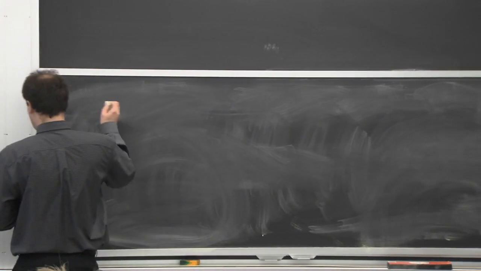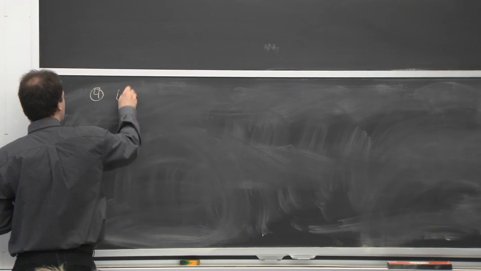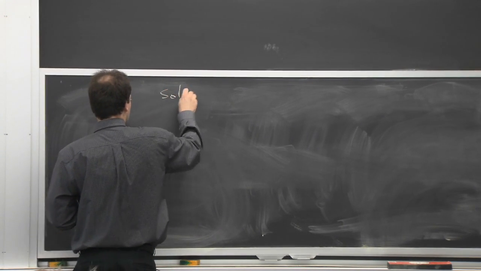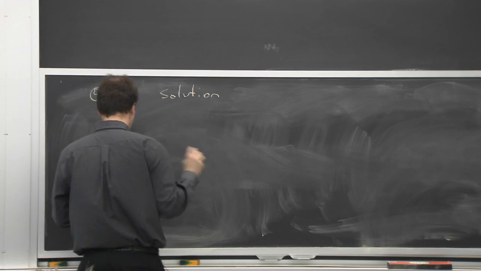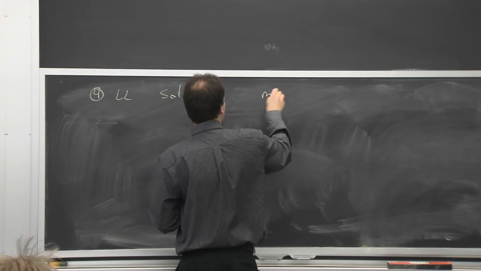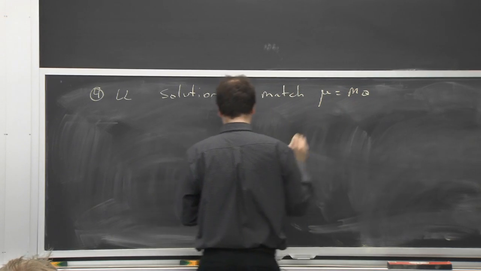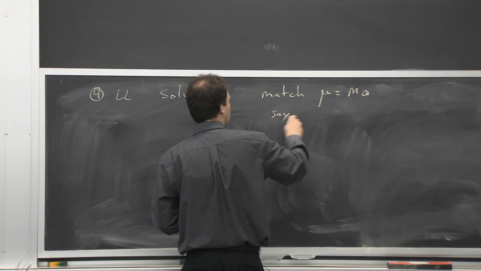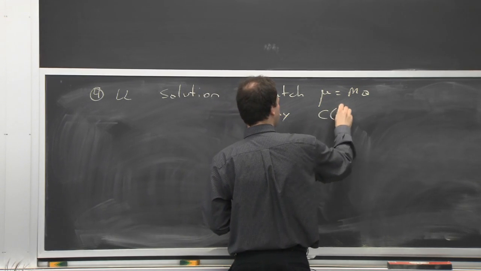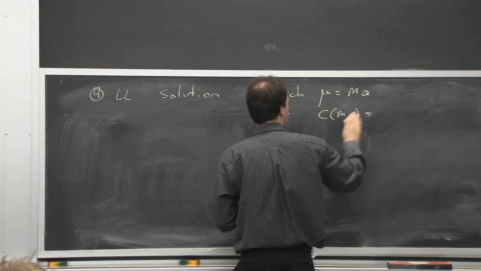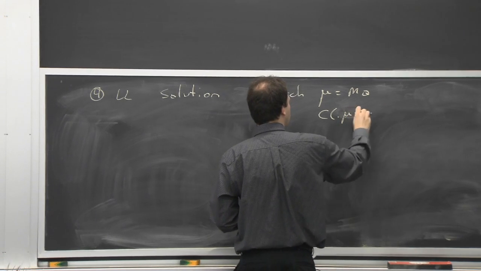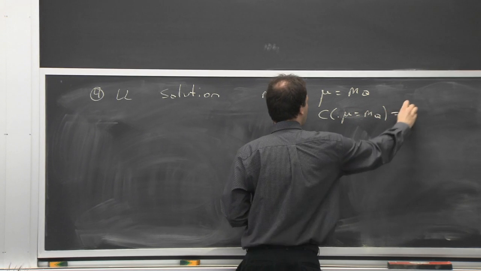If you look at it at leading log order, the rest is pretty straightforward. If you go through the leading log result, you would do the same type of thing that we did before. You would match at some scale. And at that scale, you can normalize things so that the Wilson coefficient at mu equals mq is just 1 at tree level.